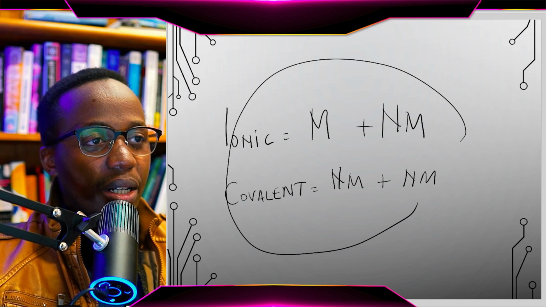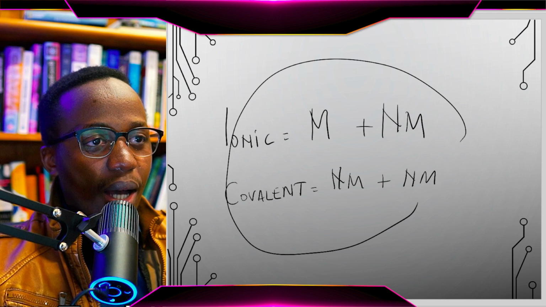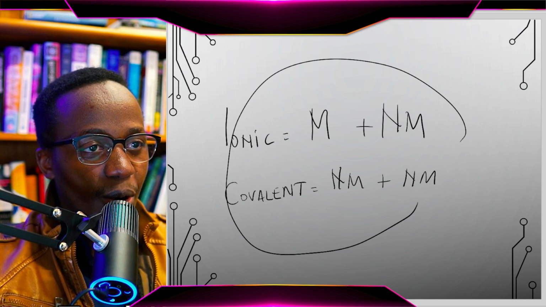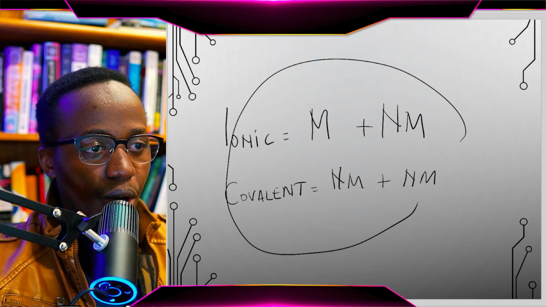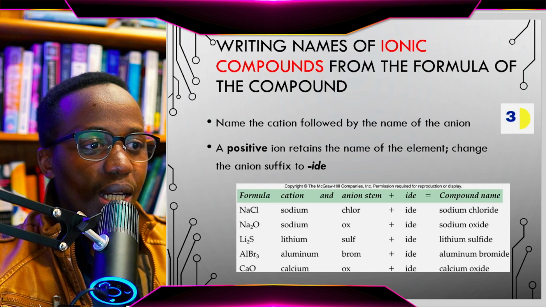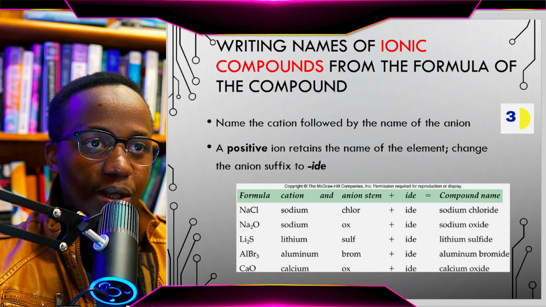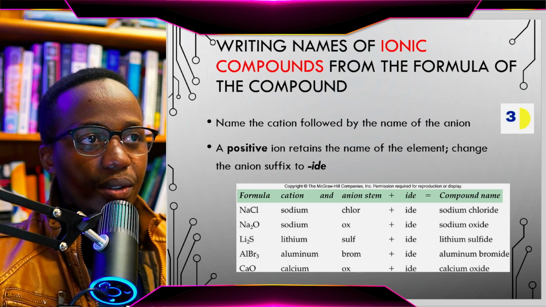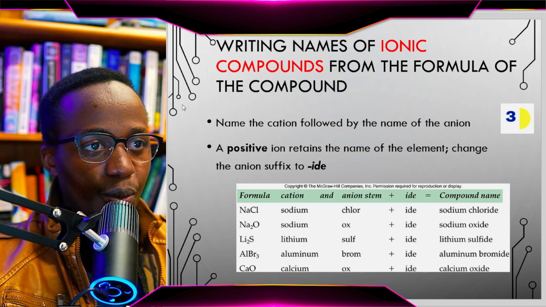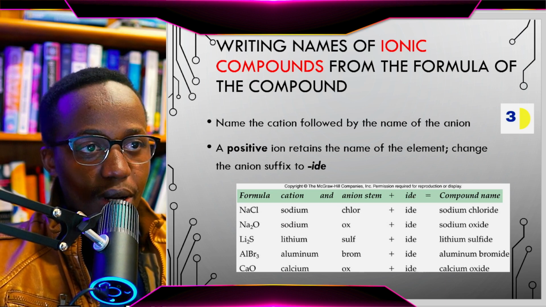So if I give you a compound and tell you to name it, the number one thing you have to do is to tell, is this an ionic compound or is this a covalent compound, before you go on to naming it. So let's start with ionic compounds. How do we name ionic compounds? It's pretty easy. You start with the name of the first one, the name of the metal, from the periodic table.